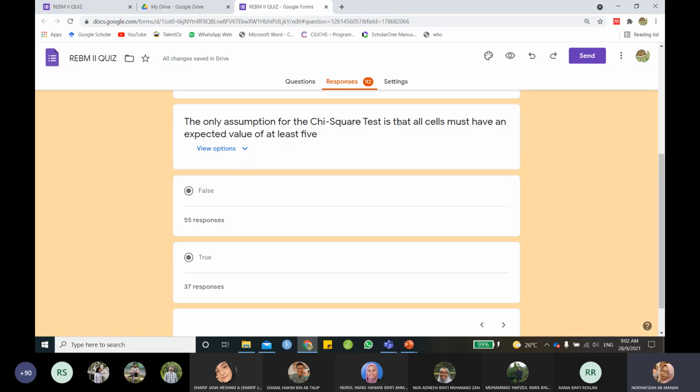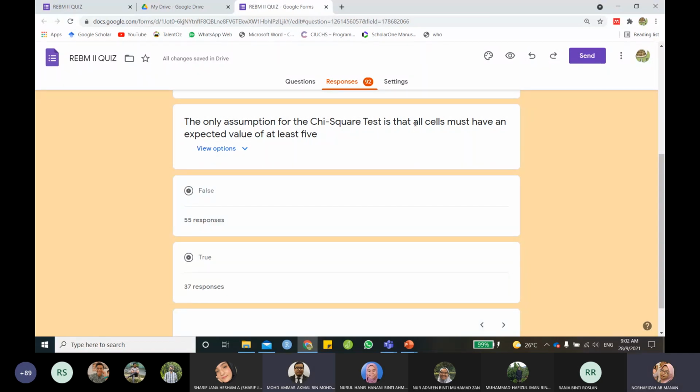Less than 20% of the cells may have an expected value of less than 5. Meaning that in some cells you can have an expected value of less than 5, but the share must be less than 20%, so that most of the cells have an expected value of more than 5, not all. So the answer is false. You said 20%, right? Yes.